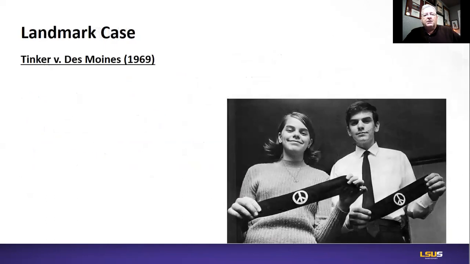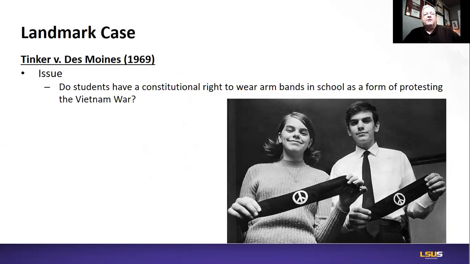So probably the big landmark case for freedom of speech in schools was the Tinker versus Des Moines case in 1969. And in this case, the issue became, do these two students in the picture here have a right to wear these armbands in school as a form of protesting the Vietnam War?